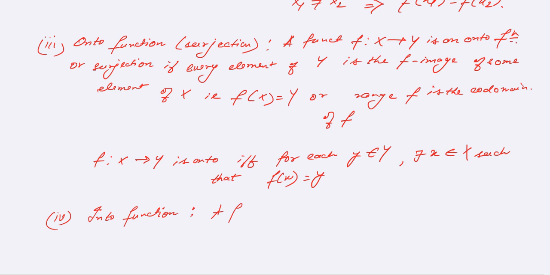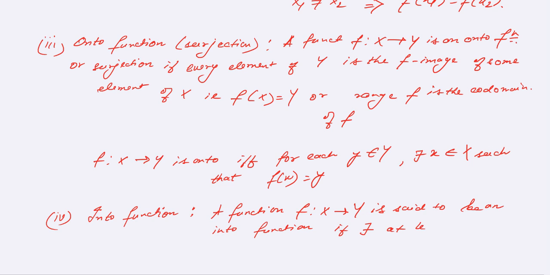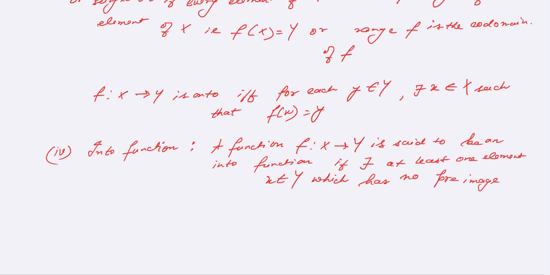A function f from X to Y is said to be an into function if there exists at least one element y belonging to Y which has no pre-image under f.